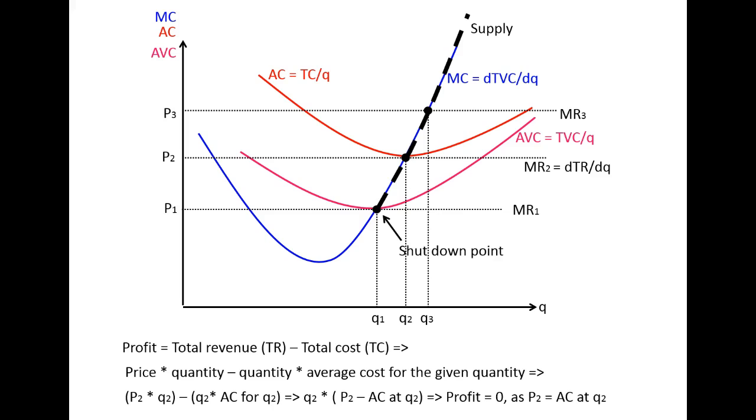So it's the marginal cost function due to the condition for profit maximization, that marginal revenue should be equal to marginal cost. And it's from the shutdown point, the average variable cost minimum, due to the result, the negative or positive profit that we actually receive from selling this product.